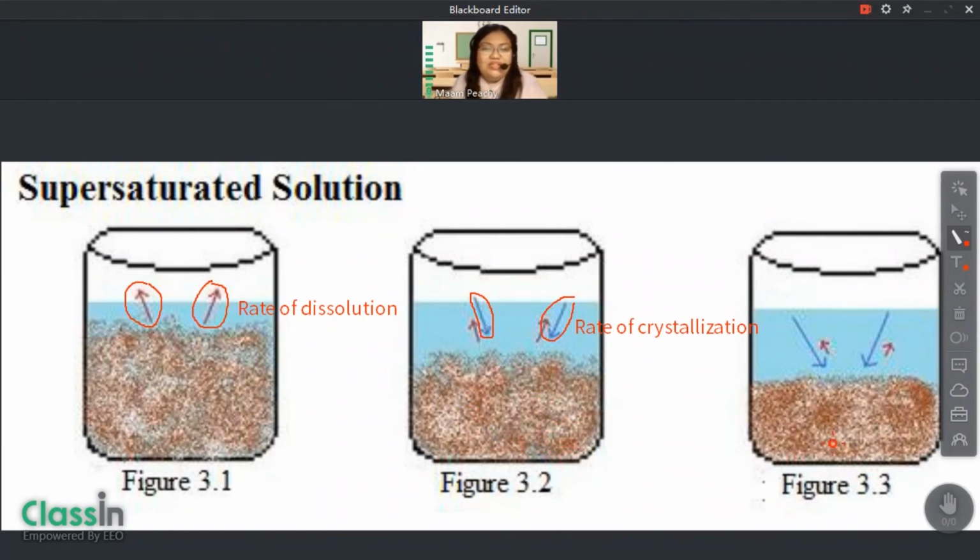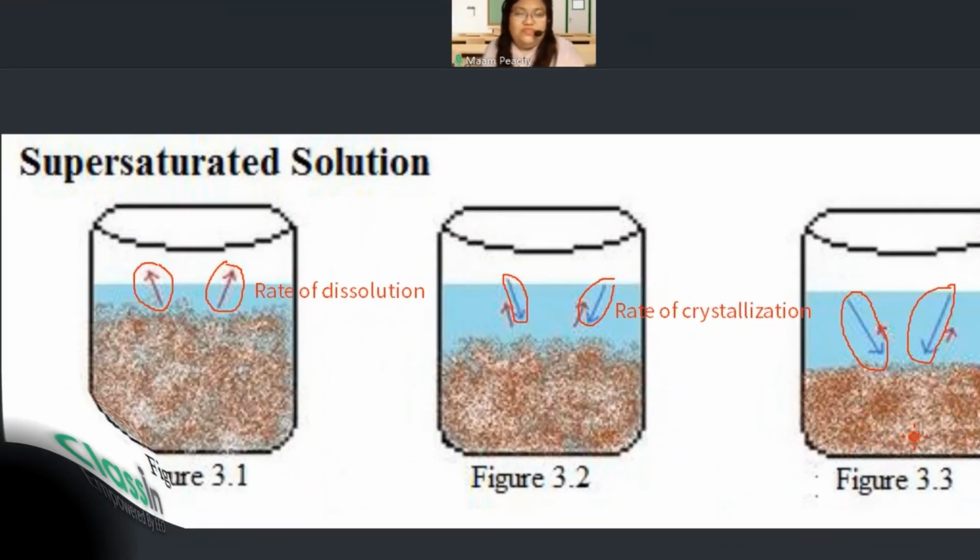In figure 3.3, we can see that the blue arrows have much greater magnitude compared to the red arrows. This means that a large amount of solute becomes crystallized and not dissolved.